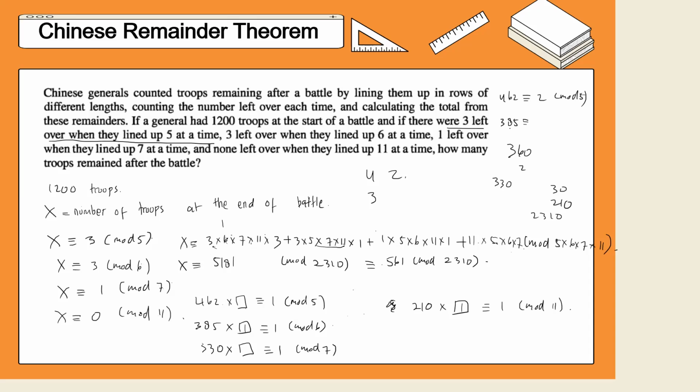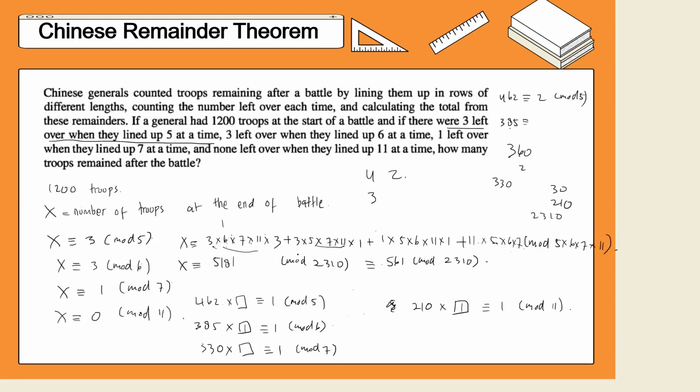That's why I include that here. Because when I apply modulo 6, modulo 7, and modulo 11, this section will become 0. Okay, and to make sure that I get remainder 3, I have to multiply this number with its inverse modulo 5. That way, I will still have remainder 3 modulo 5. So I multiply with its inverse, which is 3. So that's what you need to do.